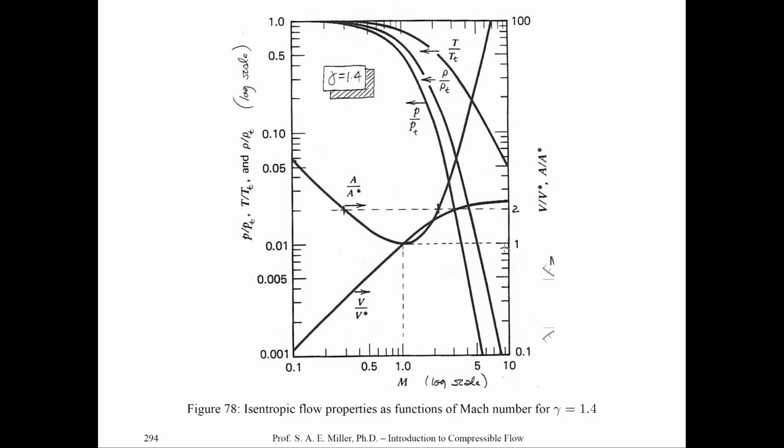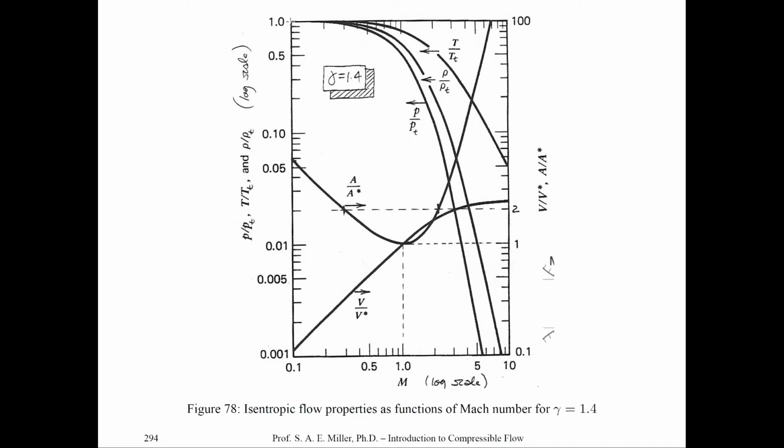Now let's look at the pressures. The total pressure, total temperature, and total density are constant through the flow. So we're really only seeing how the pressure, temperature, and density vary, which are normalized to 1 through the flow. Up here we have P over PT. So at a very low Mach number, the pressure, of course, approaches the total pressure because it's the stagnation pressure.